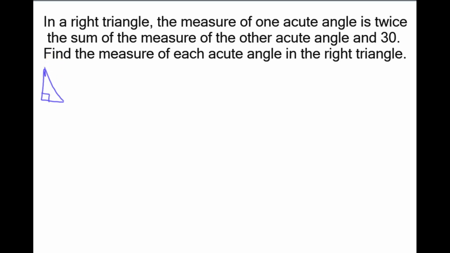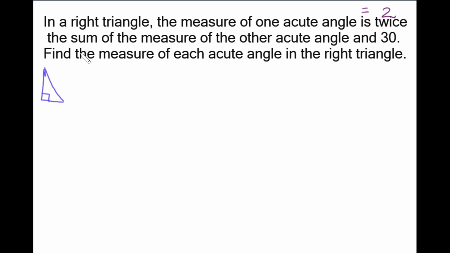All right, so in a right triangle, the measure of one acute angle is or equal to twice the sum of, so this goes all the way back to our verbal expression when we say the sum of.